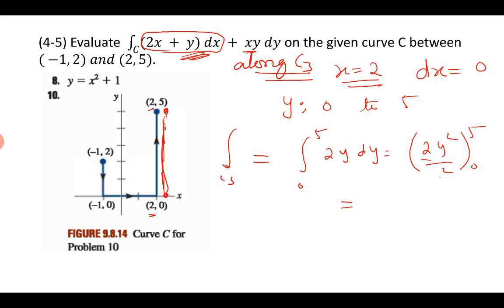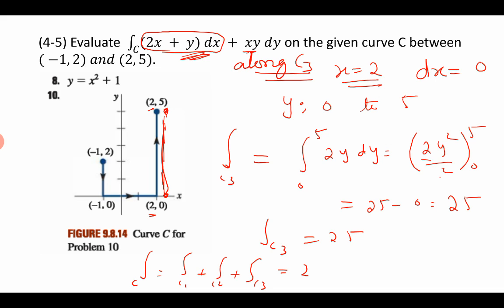Y square is 25 minus 0. So the answer is 25. So along C3 the answer is 25. So integration along C is integration along C1, C2, C3, which is first answer 2, second answer 3, third answer 25, the answer is 30. Final answer is 30.